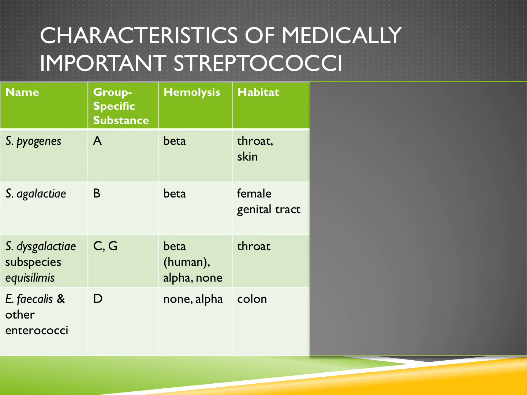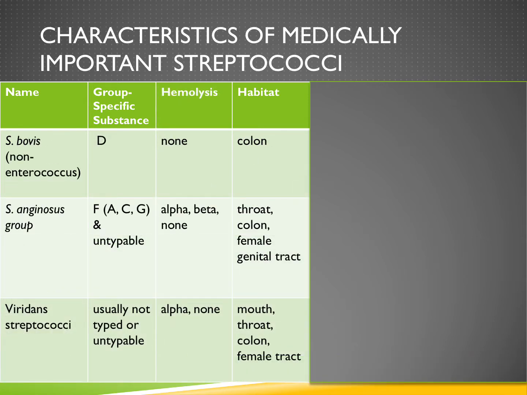Streptococcus pyogenes are group A strep, which are beta hemolytic streptococci inhabiting the throat and skin. Streptococcus agalactiae are our group B strep, which are beta hemolytic and lodge in the female genital tract. We also have Streptococcus dysgalactiae, Enterococcus faecalis, and other enterococci.